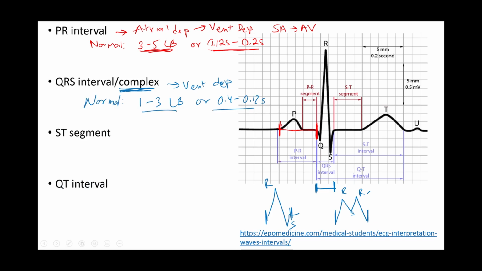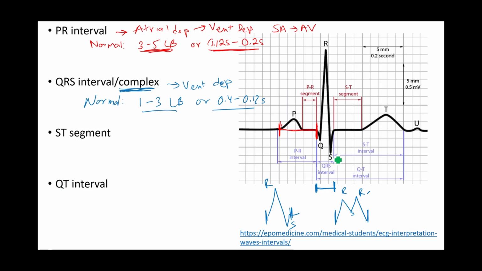All right, the next one we're going to talk about is the ST segment. There's not much to measure with the ST segment right now. It is important for several reasons. The ST segment can be elevated or depressed in certain pathologies, such as ischemias or structural or conduction abnormalities of the heart. Because of this, it's always important to look at the ST segment.